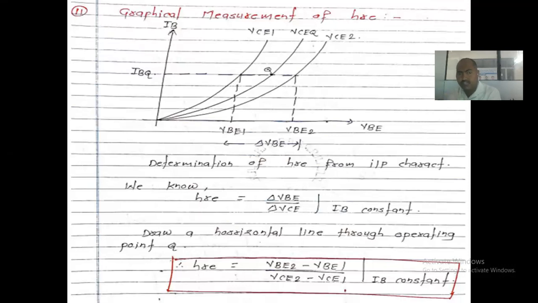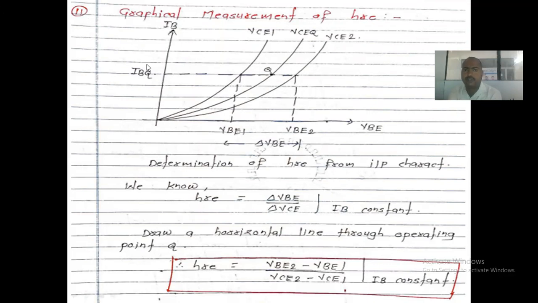So whatever graph we have already plotted is also used for the calculation of hre. Why is it? Because these two parameters are related to the input. So for that purpose we require the input voltage as well as the input current only.